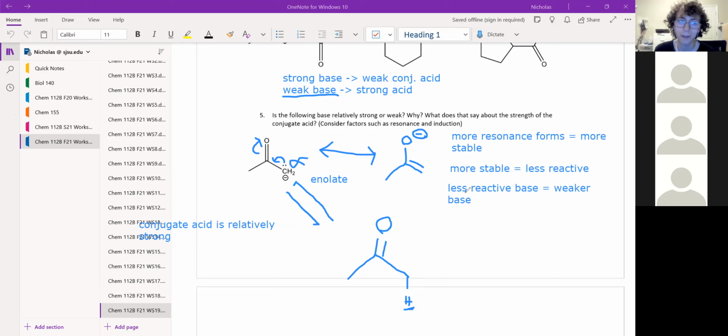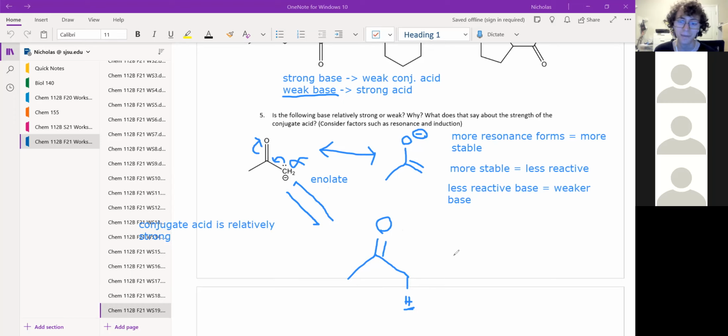And I'm assuming you saw, there's a slide in a lecture and there's a page in the book that has a table of pK values. You've seen that pKs for hydrogens like this are around 20. It's not super low, but it's much lower than 50, which is what you would expect for a hydrogen on a carbon.